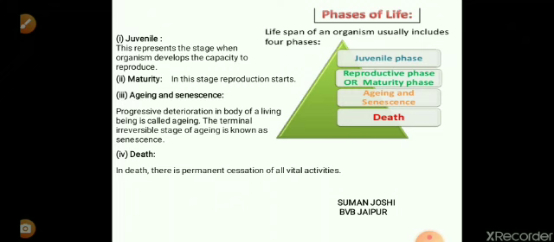The third is aging and senescence. Aging is actually the progressive deterioration of the body and irreversible changes which occur in the body. That senescence now leads to the last phase of lifespan, that is death, where there is a permanent cessation of all vital activities.